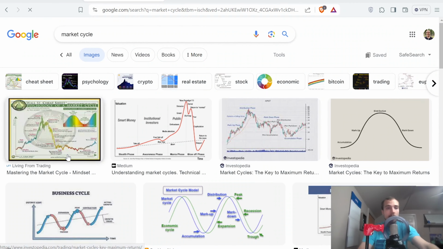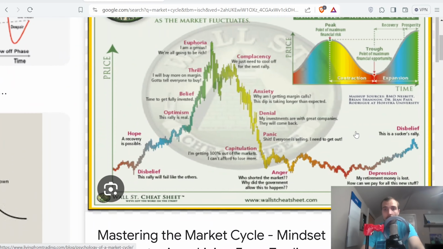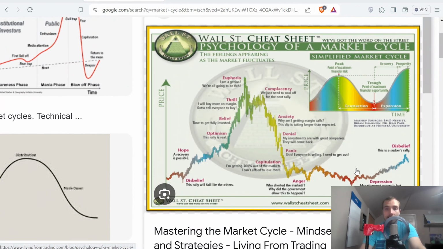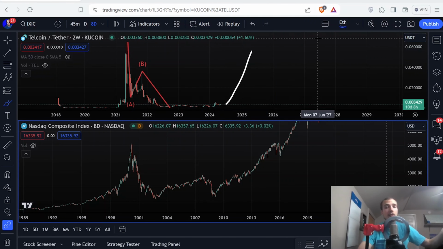And if you take a look here at that market cycle chart, you can see that depression phase and that disbelief phase are really, really lucrative if you invest in those areas. That's the point of maximum financial opportunity. So buying down here in depression, buying down here where people are scared is a great way to make a ton of money. That's exactly what's happening here with Telcoin.